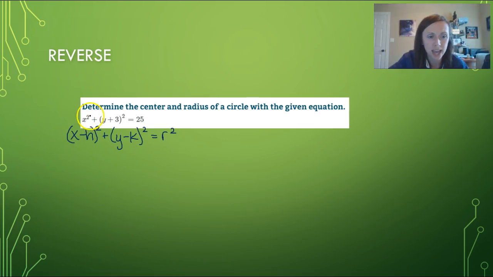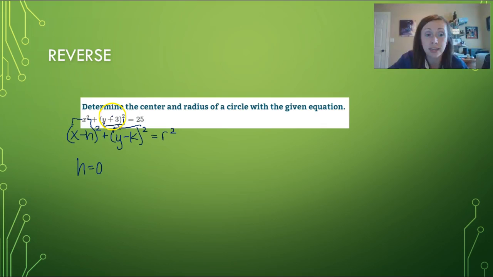Our first one, this x squared, represents this whole piece right there, but it doesn't have a minus a number, does it? So that kind of changes things up a bit. Since there is no minus or plus a number with the x before it is squared, that means that h is simply 0. For the next one, the (y + 3) squared represents (y - k) squared.